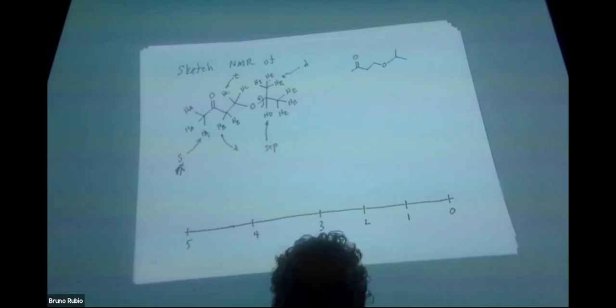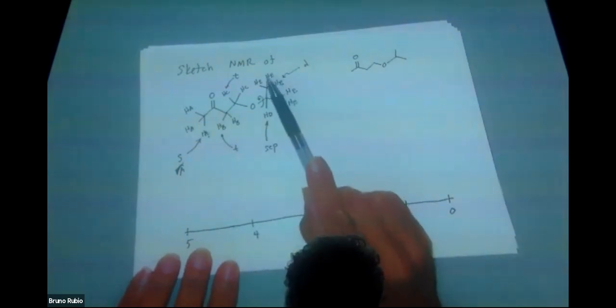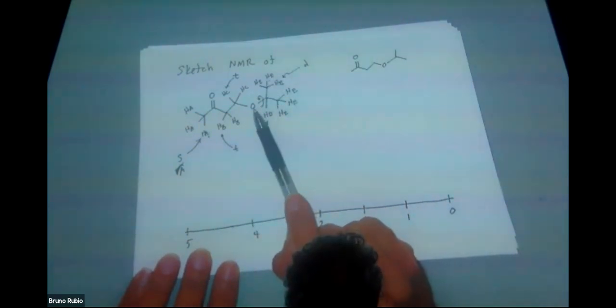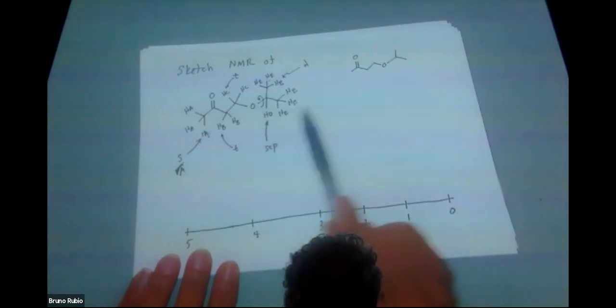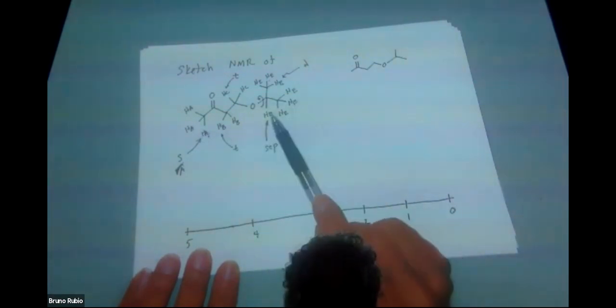Oh, it's going to be the HE is going to be the most upfield signal. Because see, the HE is 1, 2, 3 bonds away from oxygen, right? The HD, 2 bonds away from oxygen, so that's going to be downfield.